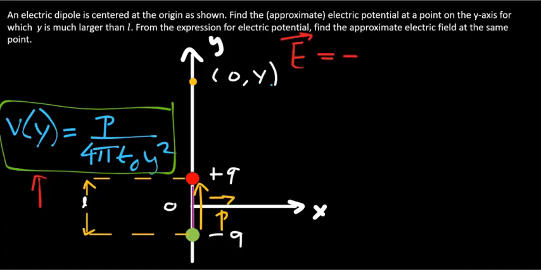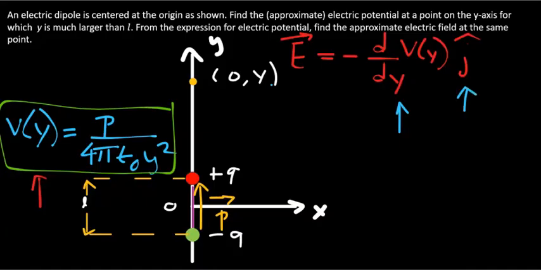It is the minus positional derivative of that scalar potential, or the electric potential, times j hat. Because the derivative variable is y, hence the unit vector is the unit vector along the y-axis.